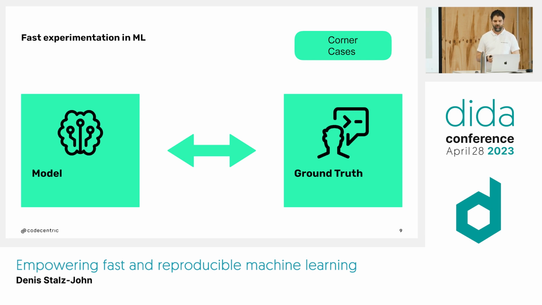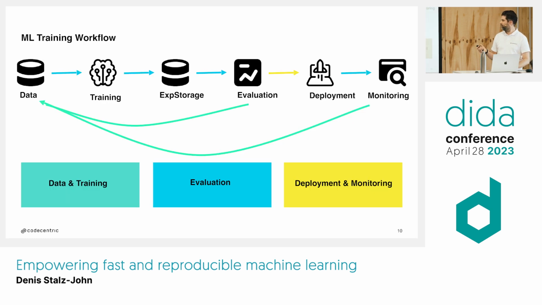And now I want to continue on our machine learning training workflow, and will explain how we managed to incorporate those things into it. So we have, from the left to the right, at first the data, which is used to train a model.